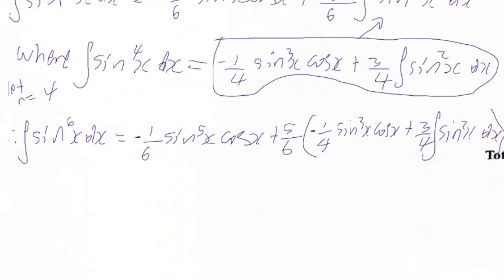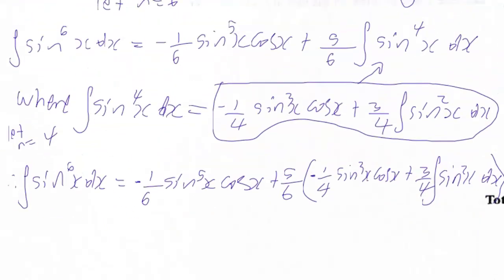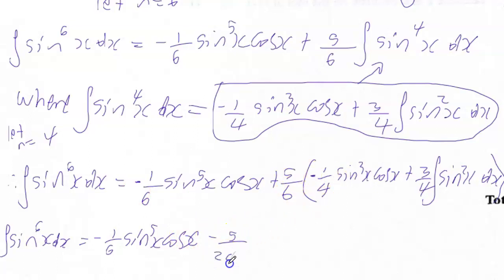Alright, so we end up here now with the integral of sine x to the 6th power equal to negative 1/6 sine to the 5th power x cos x. Distribute the 5/6 to the first term, which should be a negative term. So 5/6 times a quarter, that's negative 5 over 24, sine cube x cos x.